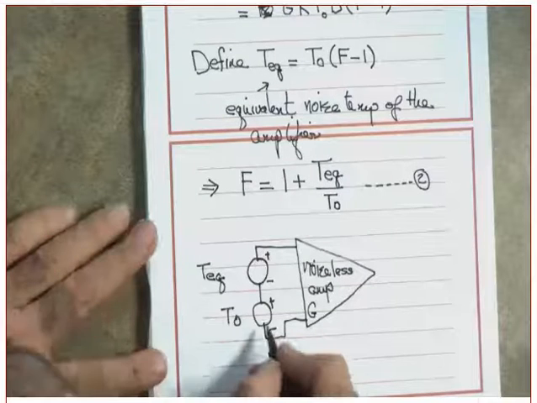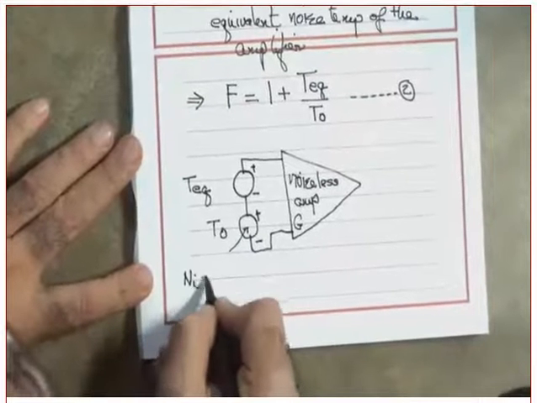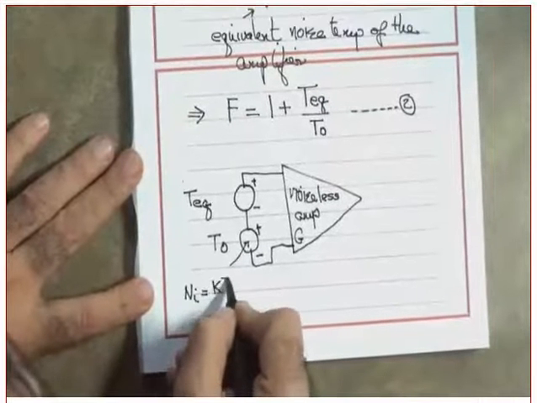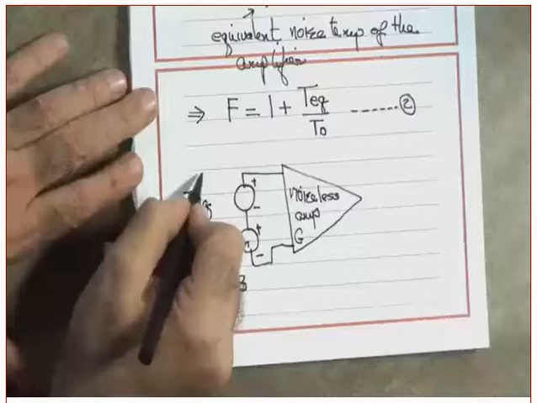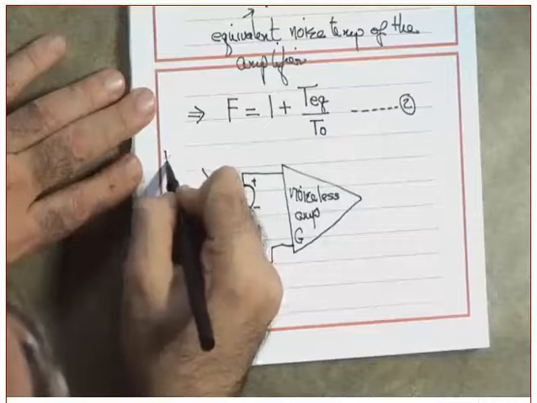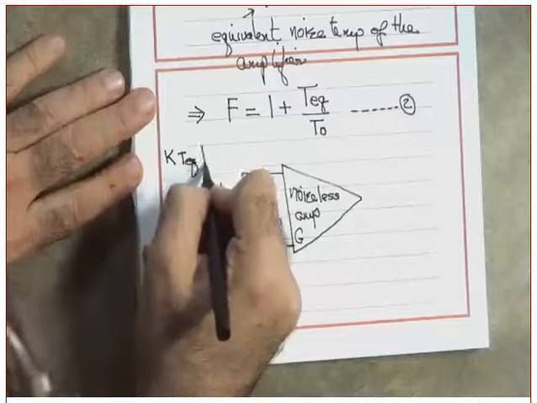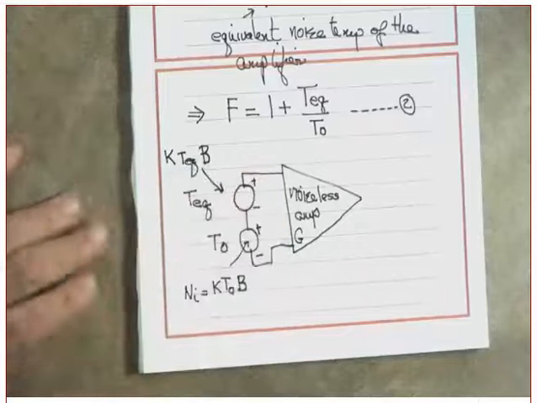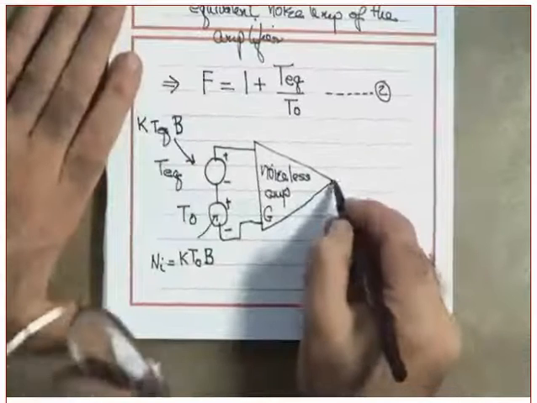Yes or no? This one is generating what noise? Ni equal to K T0 B, whereas this one is generating K T equivalent times B. What is the noise output power?